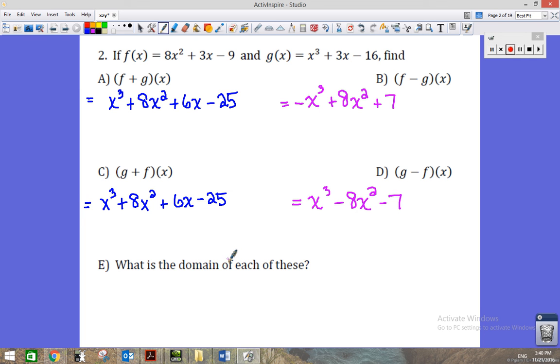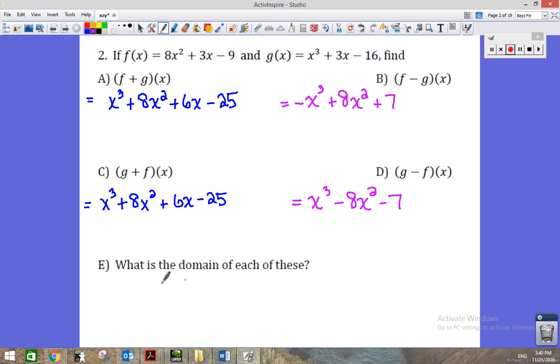Now for the domain, one nice thing about building these functions, if we add or subtract or multiply these functions together, it doesn't even matter the order at which we subtract them, the domains will be the same. So the domain for A, the domain for B, the domain for C, the domain for D are all the same domain.